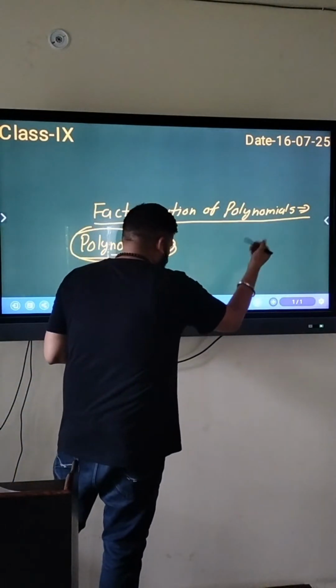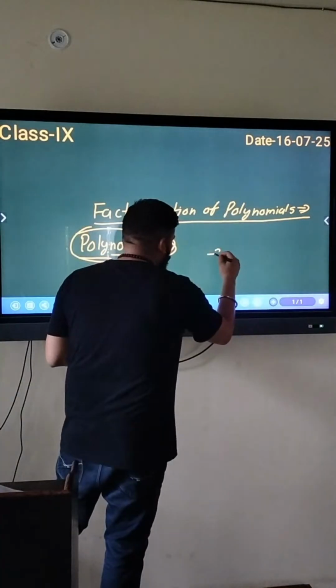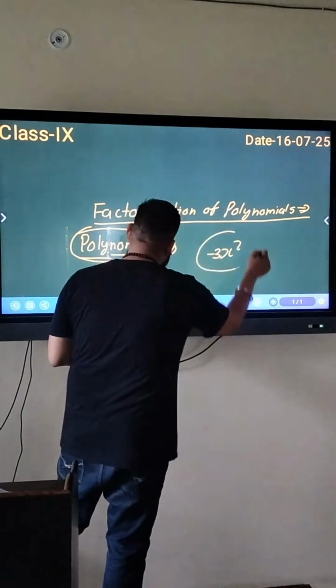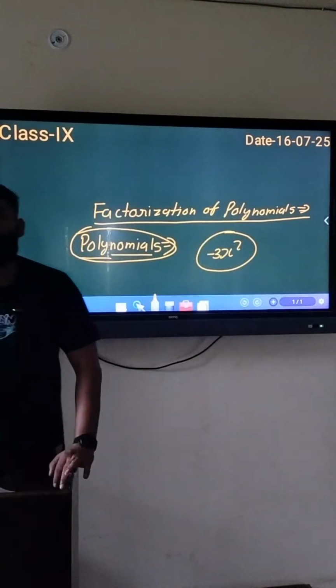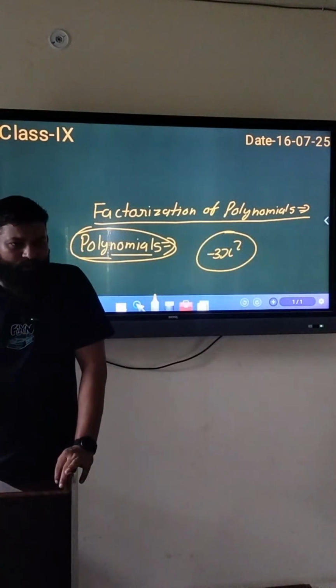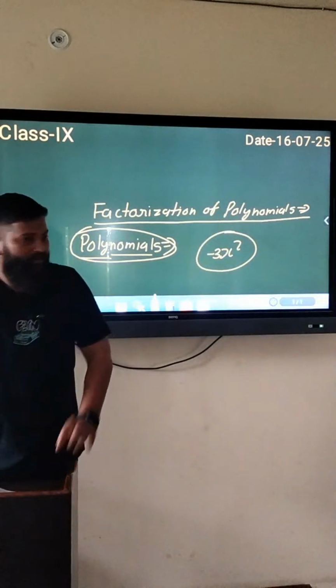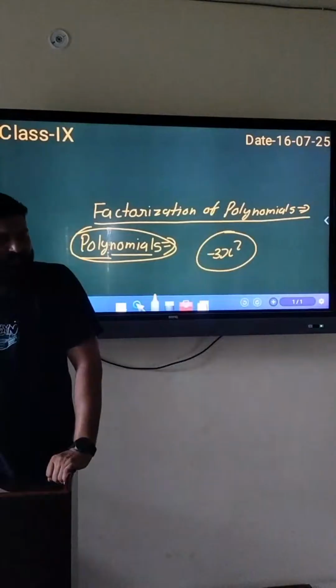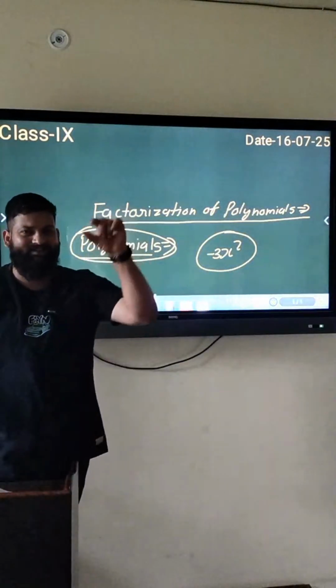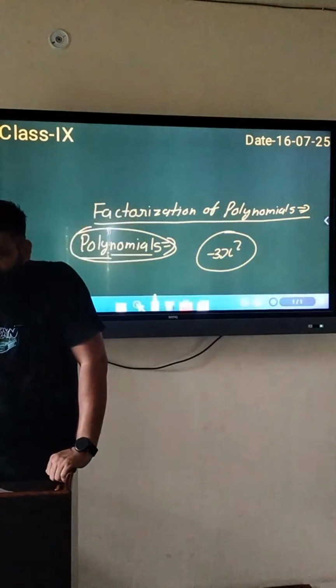Now a question arises according to the word polynomial, many terms. So in which algebraic expression has only one term, can we say that this is a polynomial? Yes, it is also a polynomial. So the word polynomial is not able to define the definition. So what is the actual meaning of the polynomial?